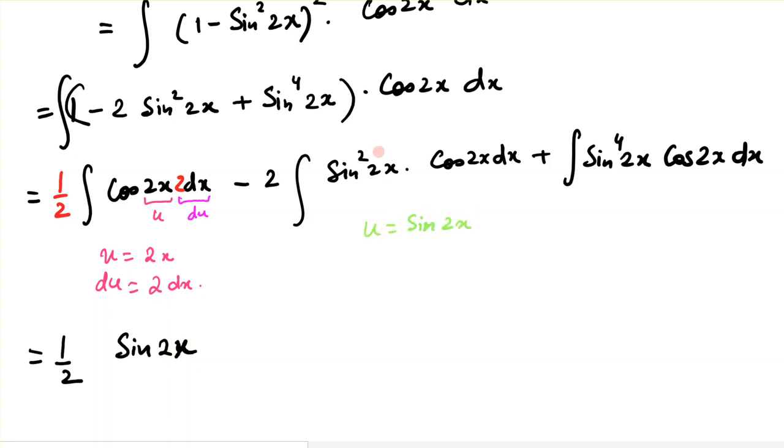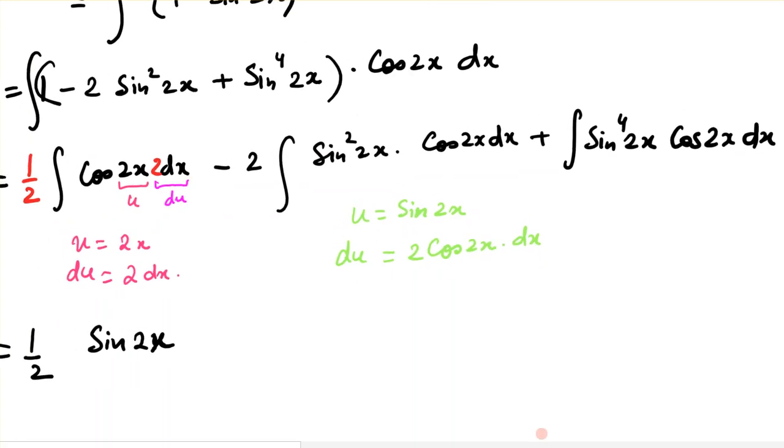So we have a function square, so u square, and then the differential of the function should be cosine 2x times 2 dx. So again, we need a 2 here, so we can multiply by 2. And so basically we have a 2 here, so I'm just going to bring this 2 inside.